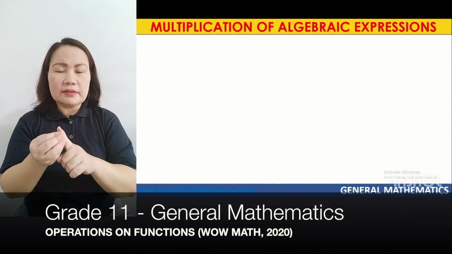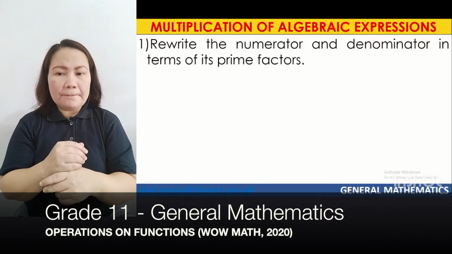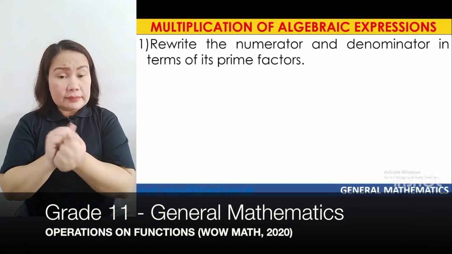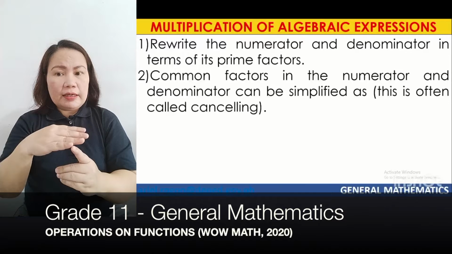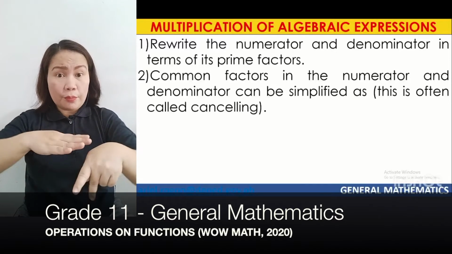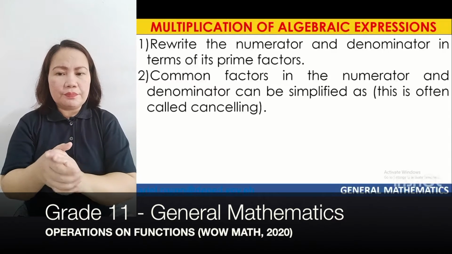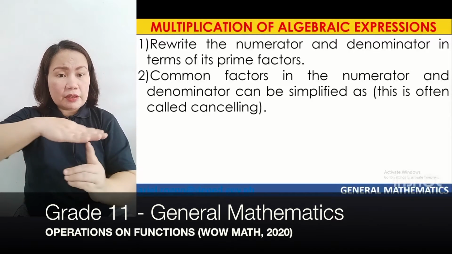Paano naman kapag sa multiplication? Ito naman yung mga rules. Rewrite the numerator and denominator in terms of each prime factors. Common factors in the numerator and denominator can be simplified, this is often called cancelling. So nagka-cancel tayo dito sa multiplication.